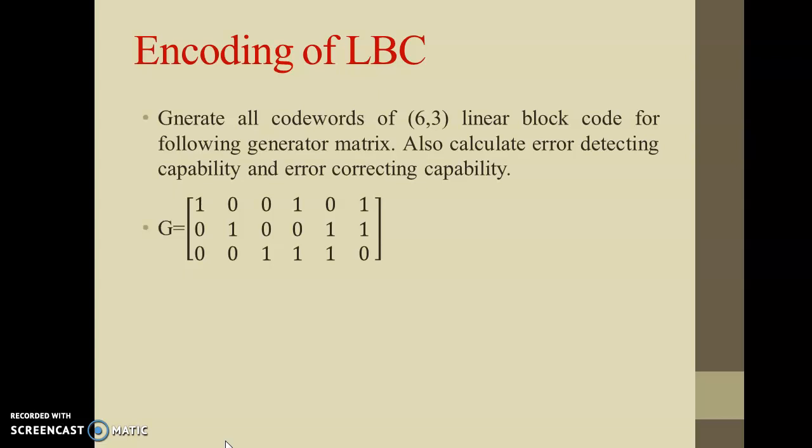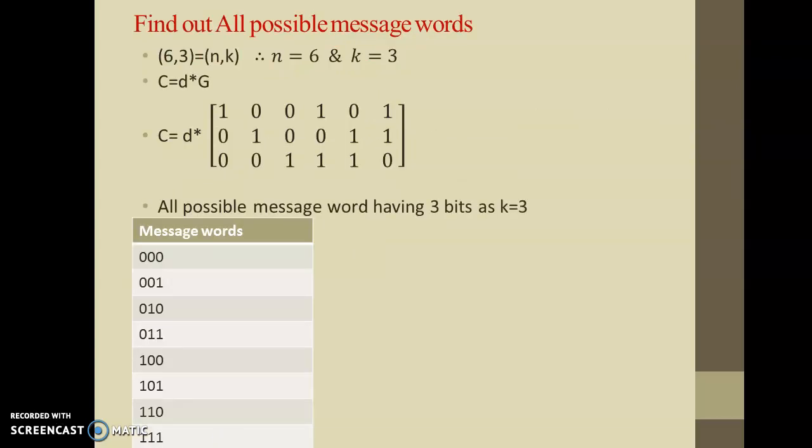So (6,3) gives the values of n and k. n is equal to 6 and k is equal to 3.